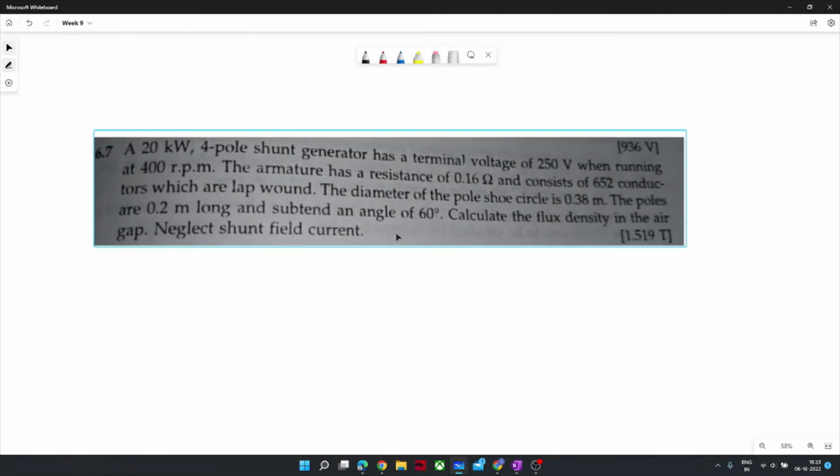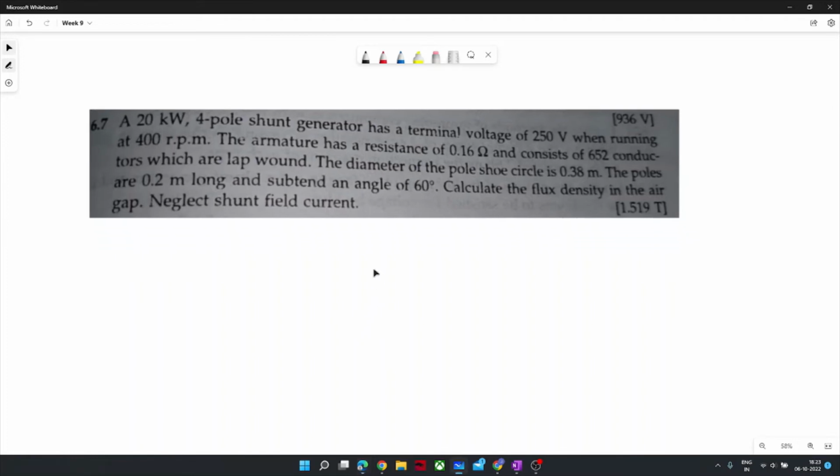So this problem I got from one aspirant. He asked that he is not getting the correct value of flux density in the air gap, and this is a very misunderstood thing, how to calculate flux density in the air gap. So let me show you some way by which we can compute.